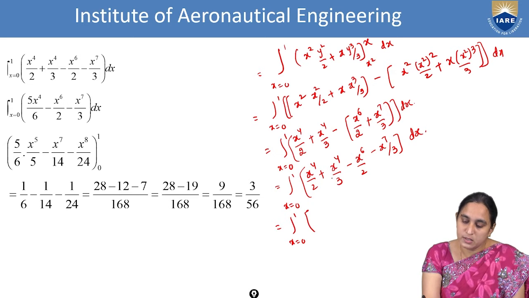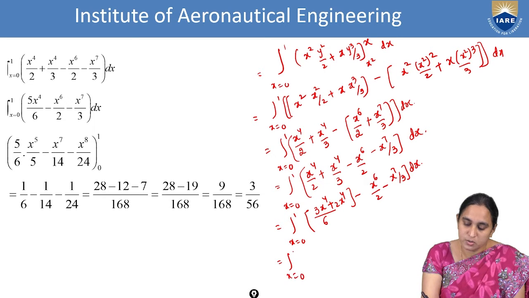Now these two are x power 4 terms. I'll take the LCM of 2 and 3 as 6, that is 3x power 4 plus 2x power 4 minus x power 6 by 2 minus x power 7 by 3 into dx, from x is equal to 0 to 1.